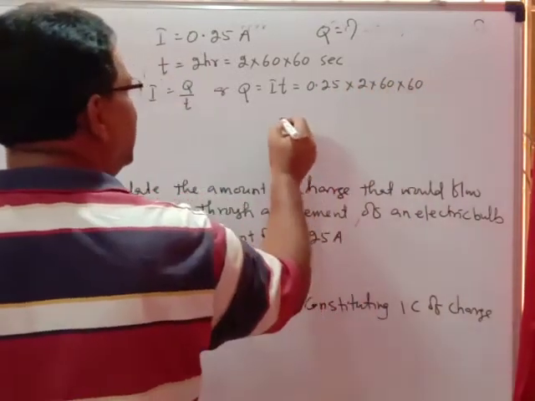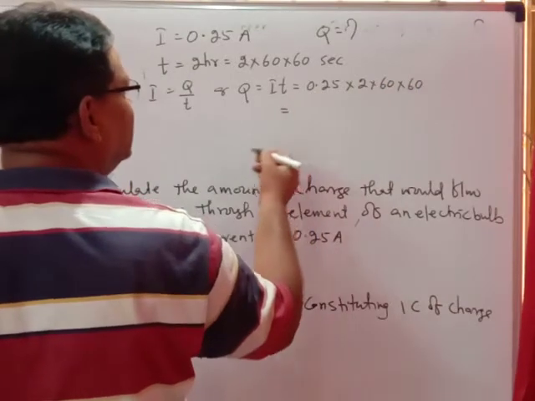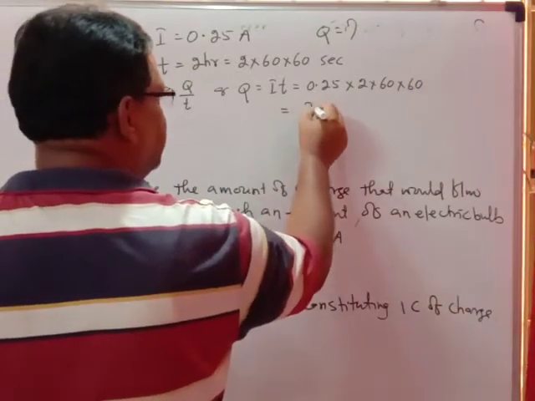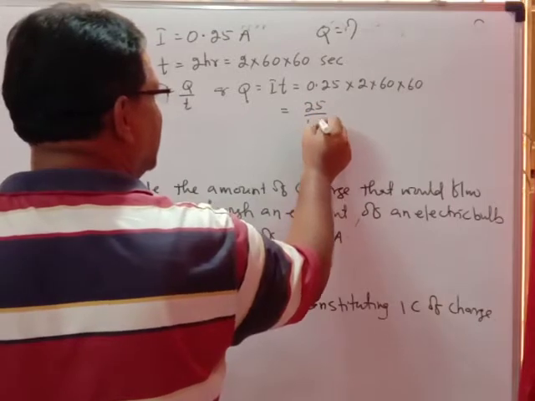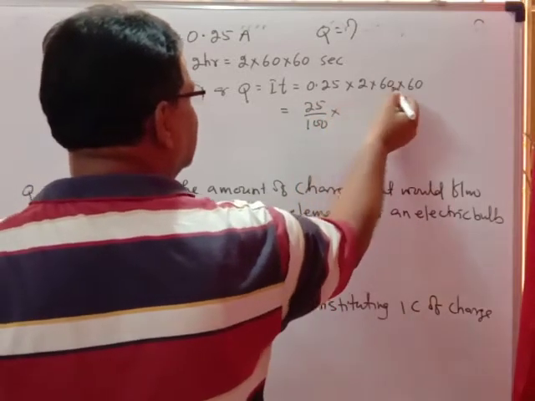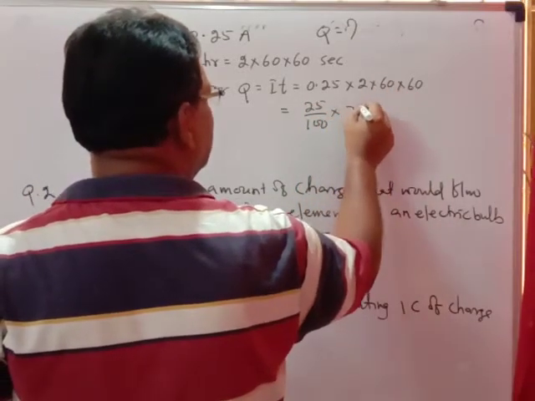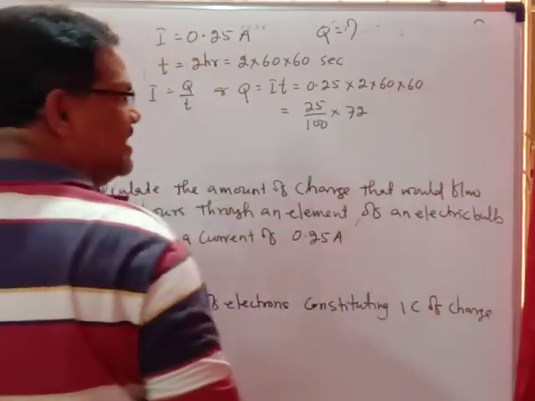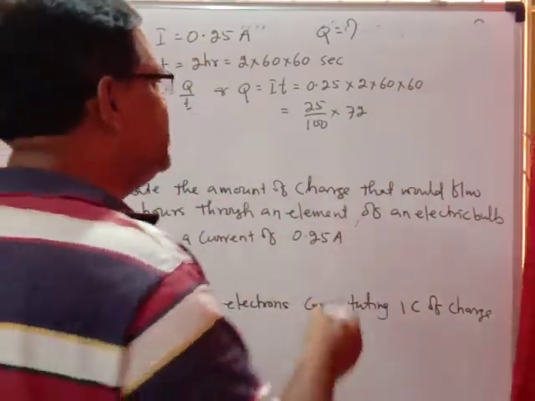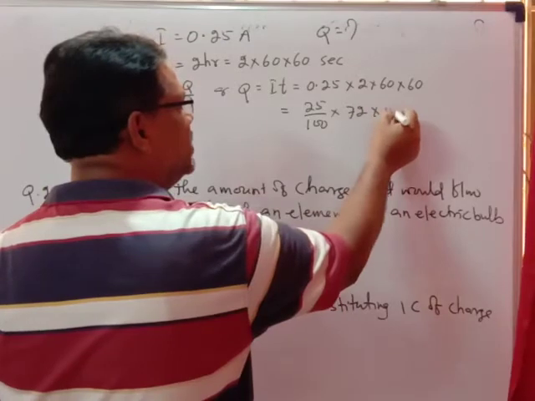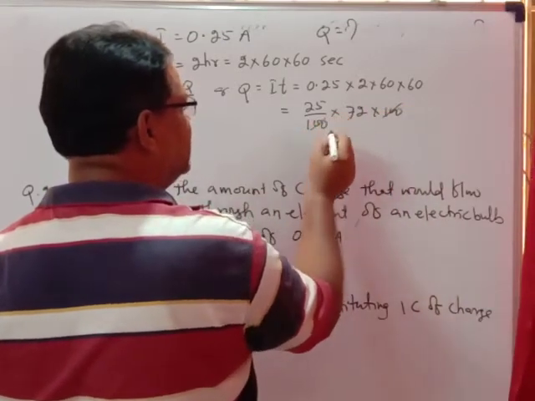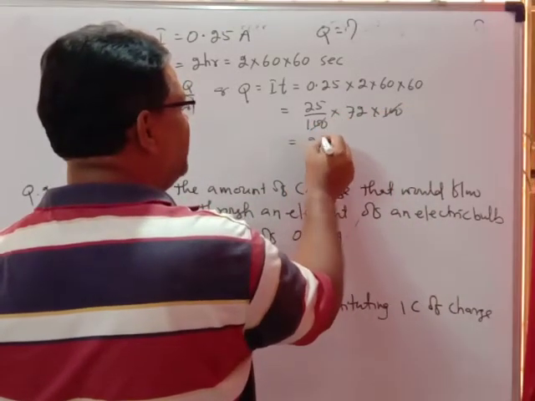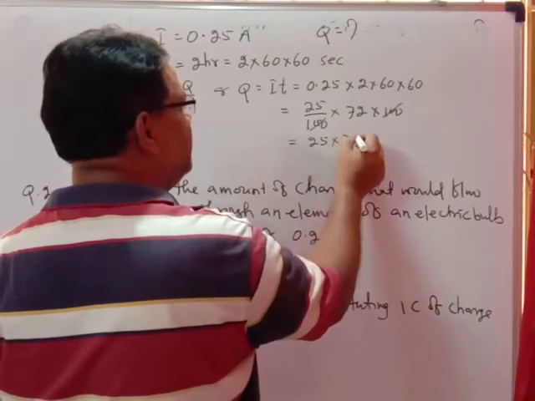So you simply write 25 upon 100 multiplied with 72, 6 into 6, 36 into 2, 72 into 100. Another 100 is here. So this 100 gets cancelled, and you are finding 25 into 72.